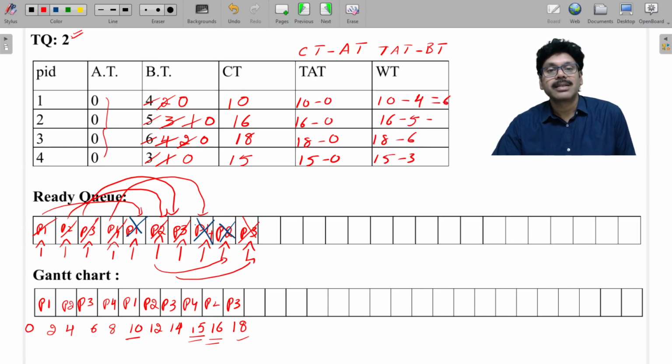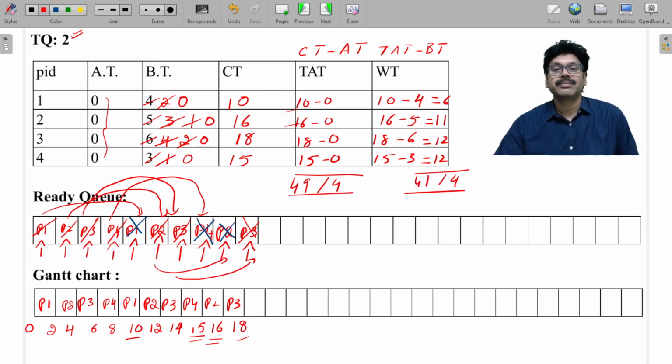Balance is 6, balance is 11, balance is 12, balance is 12. So average turnaround time is divided by 4, and average waiting time is divided by 4. So 26, 34, 44, 49 by 4. This is 17, 29, 39, 41 by 4. Okay.